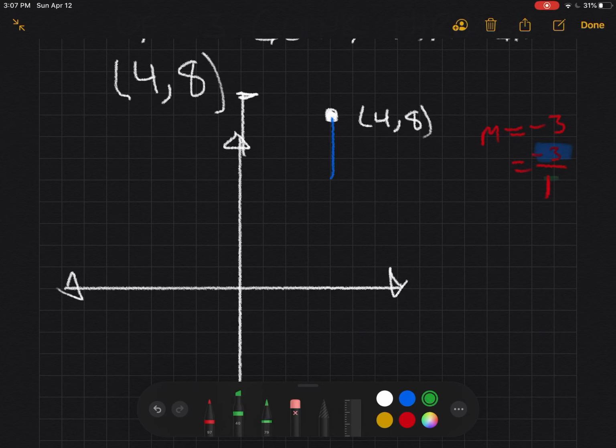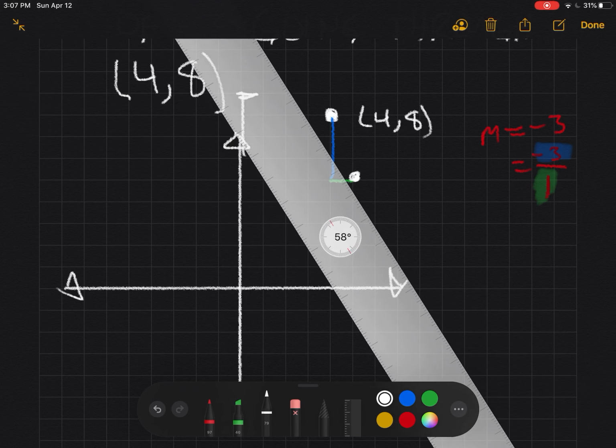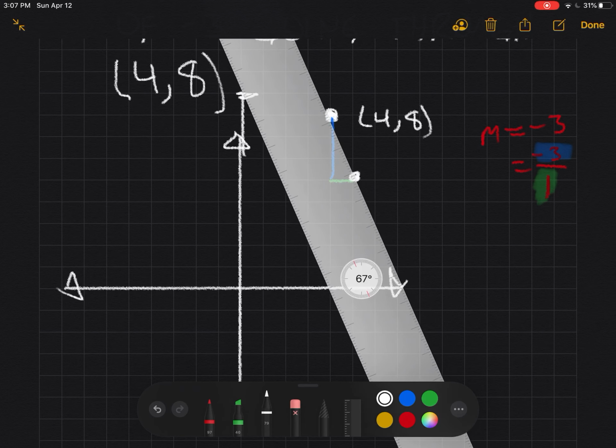This blue, this -3, is telling me that for my change in the y direction, I should go down 1, 2, 3. And this green, this +1 here, is telling me that I should go to the right 1. And that will be the next point on my line.